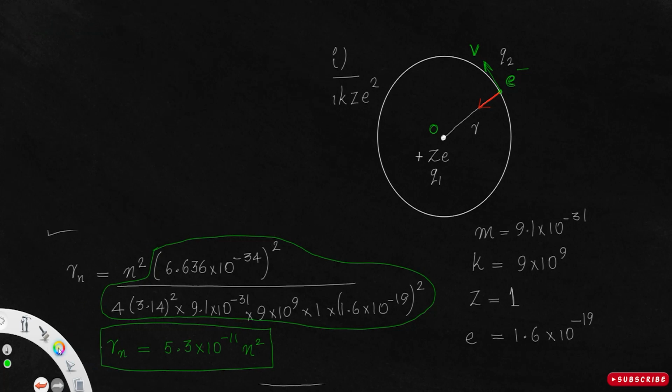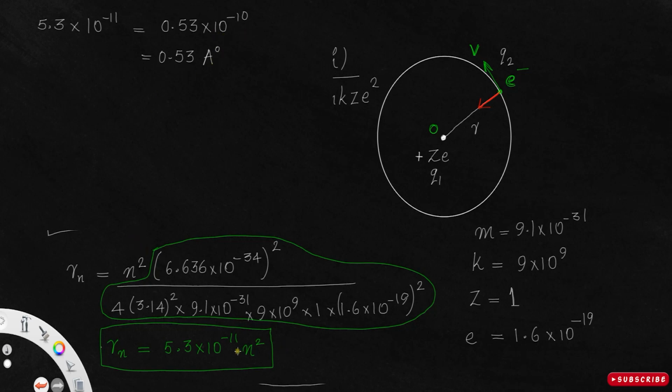Or you can write this as, see, we have 5.3 into 10 raised to minus 11 equal to 0.53 into 10 raised to minus 10. Okay, so that will be 0.53 angstrom, A0, because 10 raised to minus 10 is angstrom.